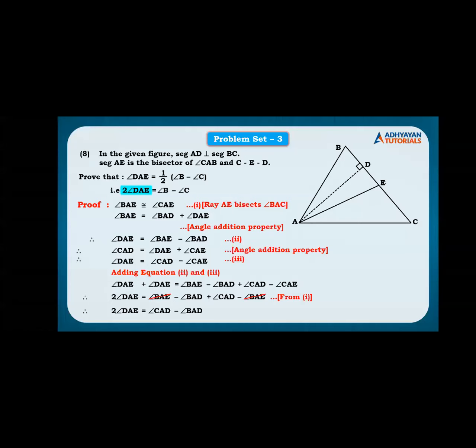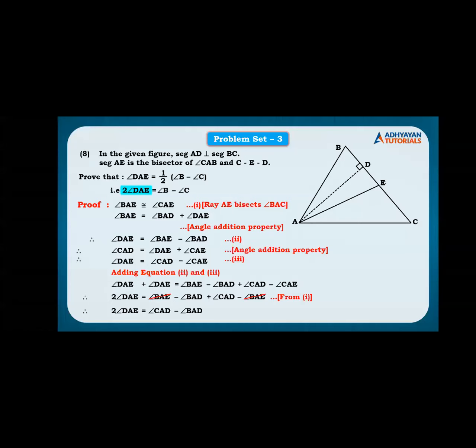Now I need to eliminate CAD and instead get C. To eliminate CAD, I have to find its value, and for that CAD has to be alone. So we shift 90 and angle C to the other side.